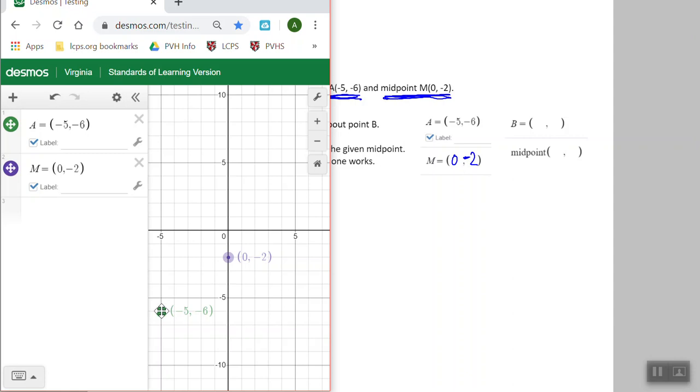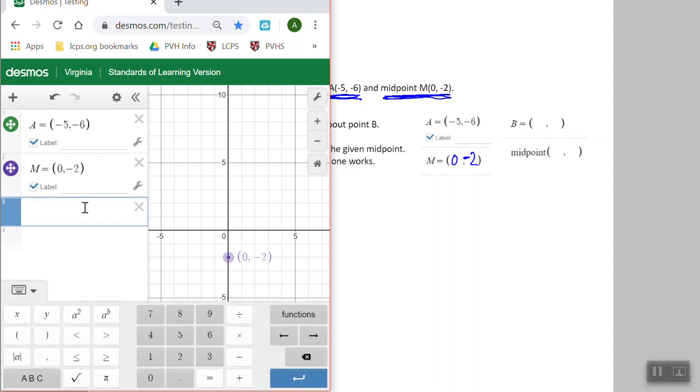If I count from this green point, I'm counting up, the rise, 1, 2, 3, 4, and then the run, 1, 2, 3, 4, 5. Let's count that again. 1, 2, 3, 4, and 1, 2, 3, 4, 5. So I see where probably the endpoint lies. It looks like it's over 5 and up 2.